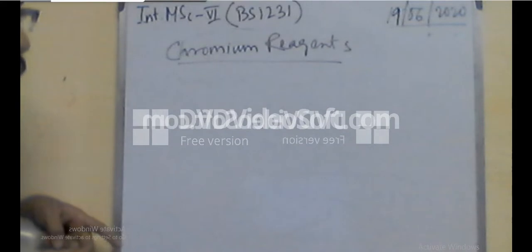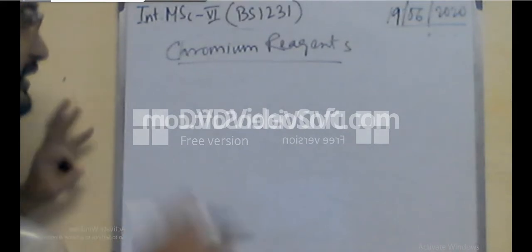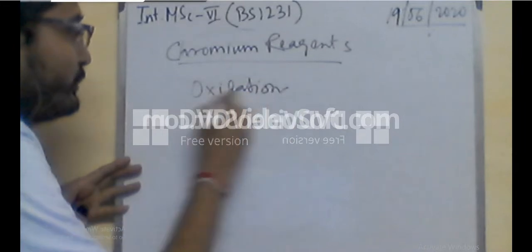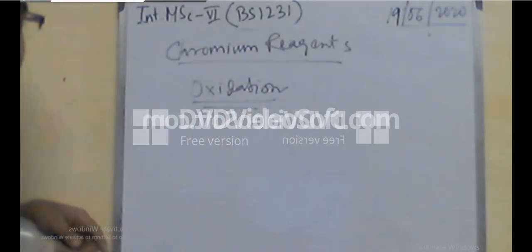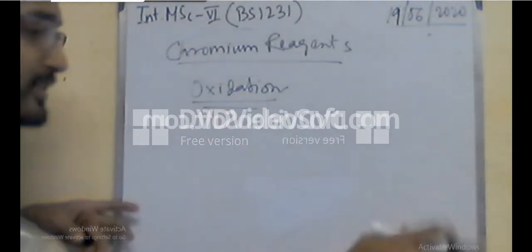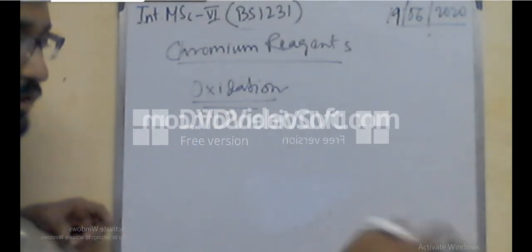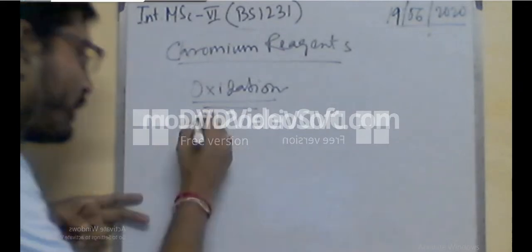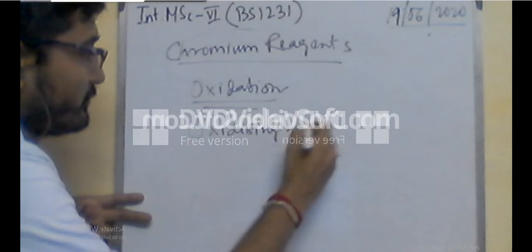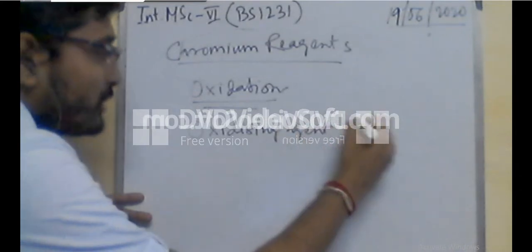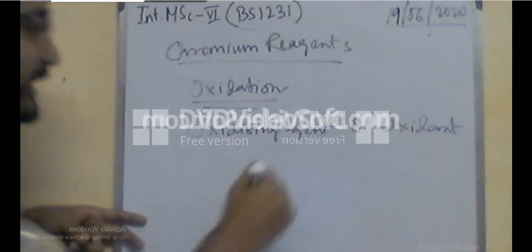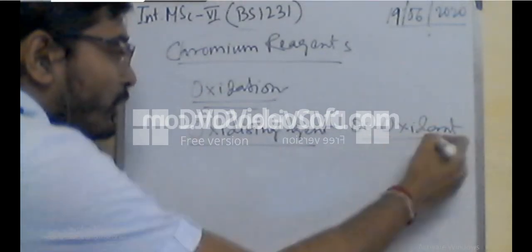So the oxidizing agent or oxidant has the ability to reduce its valency or reduce its oxidation number.